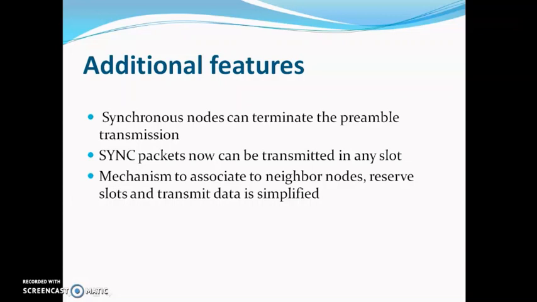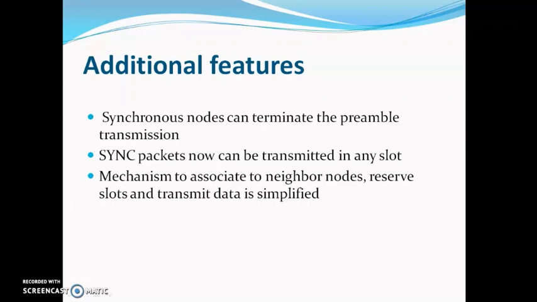Its characteristics are similar to the MHMAC protocol, with little modification in mechanism to improve mobility support. Modifications are: first, synchronous nodes can terminate the preamble transmission from an asynchronous neighbor, and network activity may be sampled in synchronous idle slots. This will reduce the interference between synchronous and asynchronous nodes. Sync packets now can be transmitted in any slot, which increases the sync frequency. This will improve the capacity of the protocol to track faster nodes.